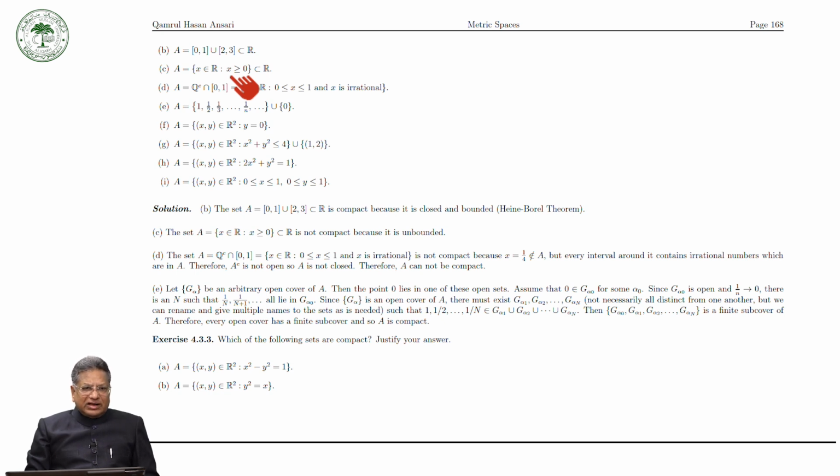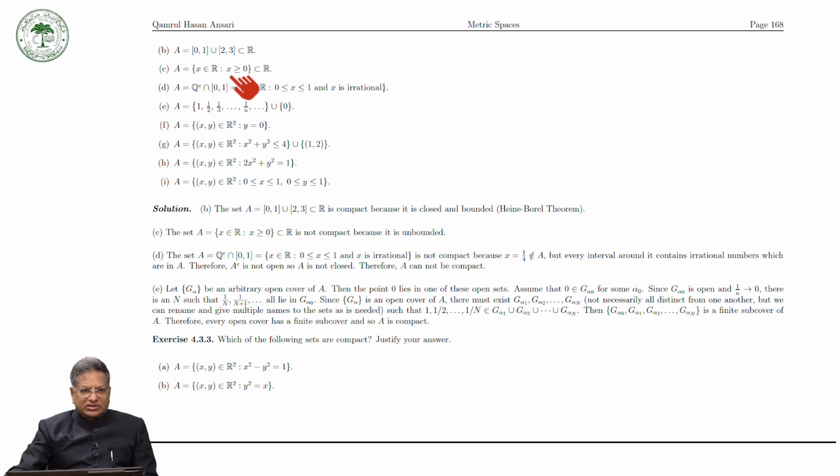For the others we will see other things, but as far as R is concerned, we have the property that every closed and bounded subset of R is compact by the Heine-Borel theorem. So we will use the Heine-Borel theorem to check whether a set is closed and bounded or not.